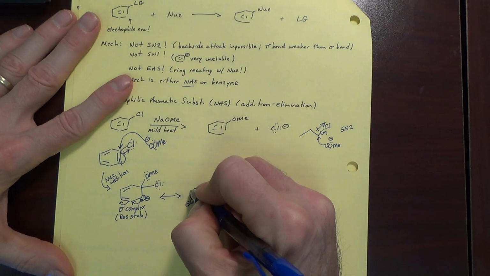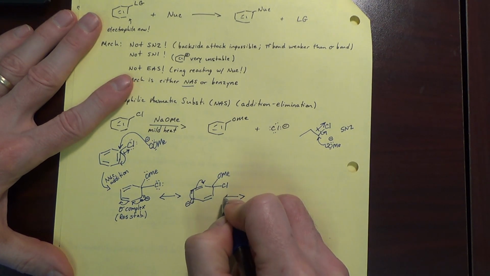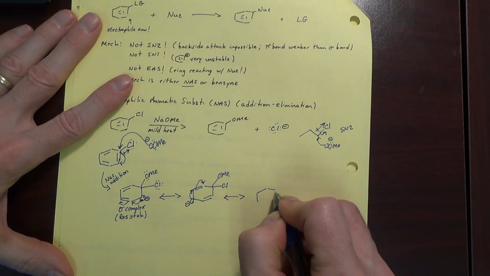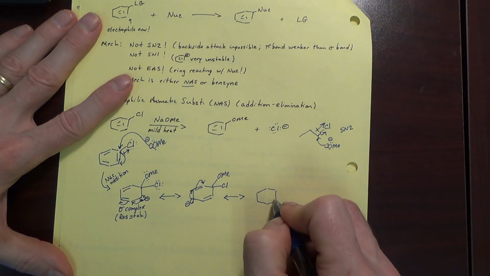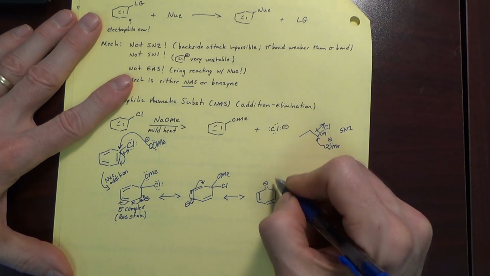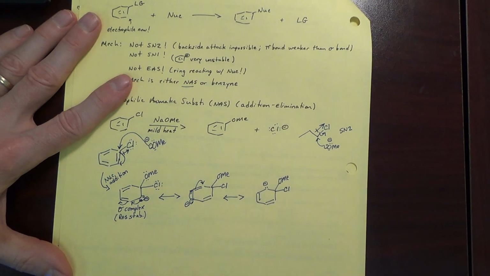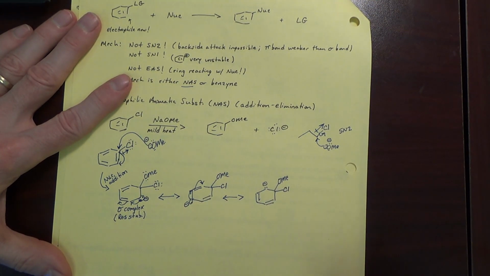These electrons move in here and these move out. Lone pairs, of course, and that's it.